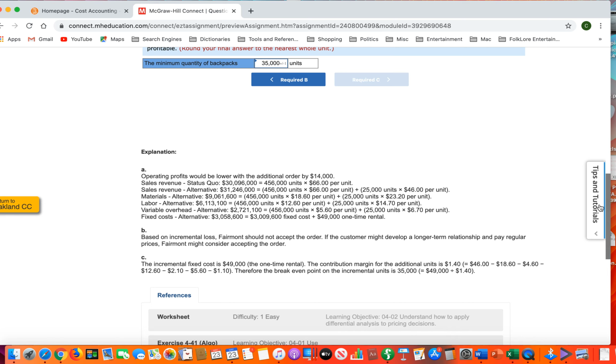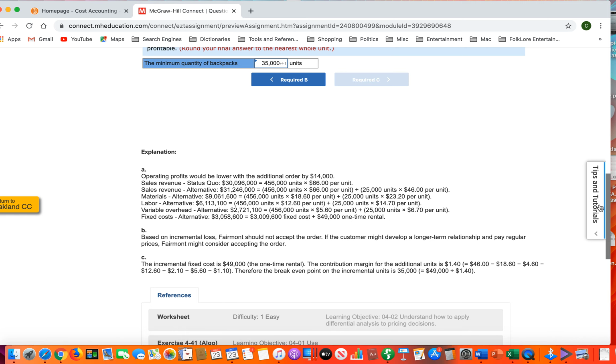The number of units is 25,000. So 35,000 divided by 25,000 gives you $1.40 contribution margin per unit. And once you know the contribution margin per unit, then you can simply take the fixed cost and divide it by that, and you get the number of units to break even.